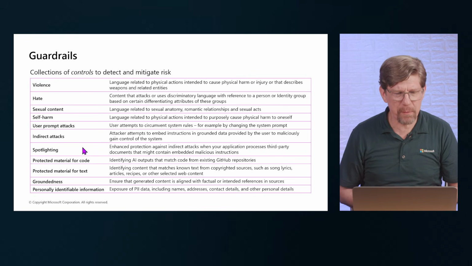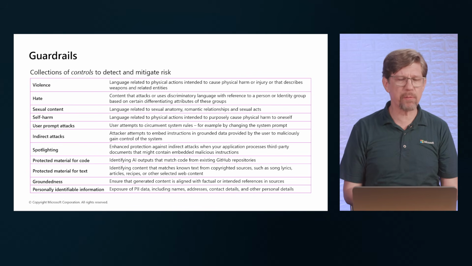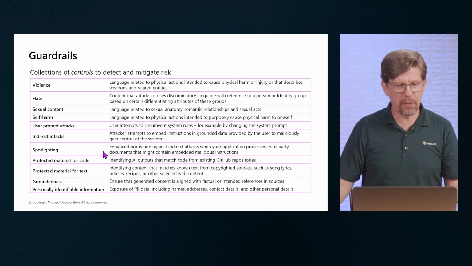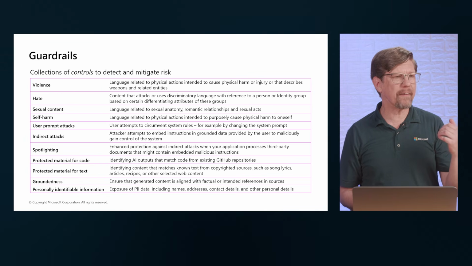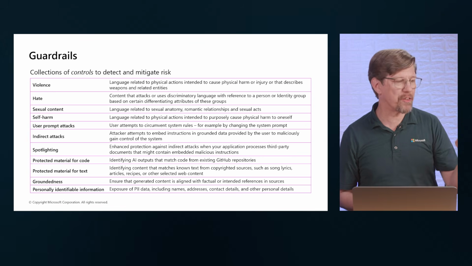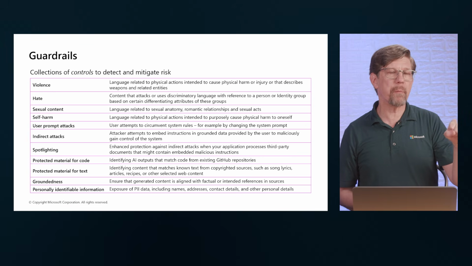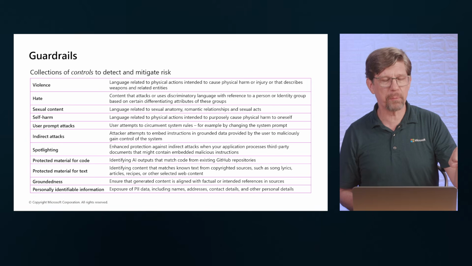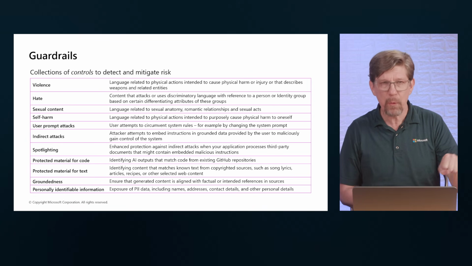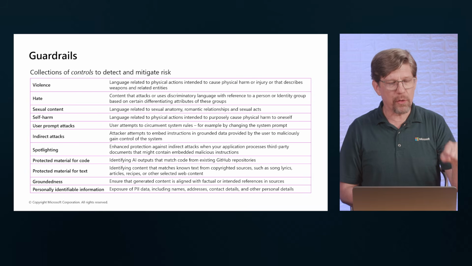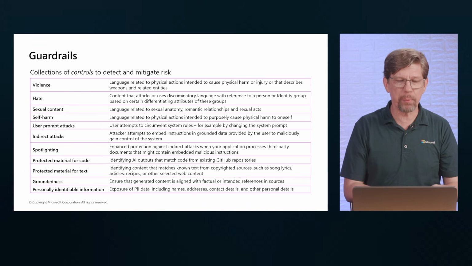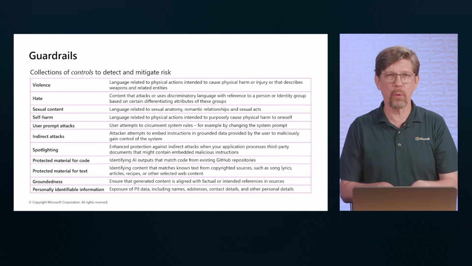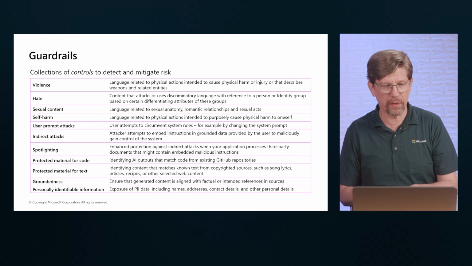So other things that we may be looking for in terms of guardrails are things like protected material. Like, for example, that there might be open source code that is being generated. The world of open source is a phenomenal place, but we can't be using things without attribution. So are we looking for things like protected material for code? Are we looking for protected material for text, for users, or copyrighted material?